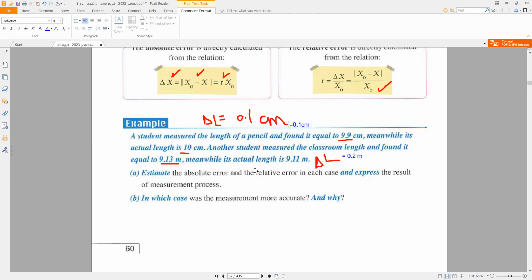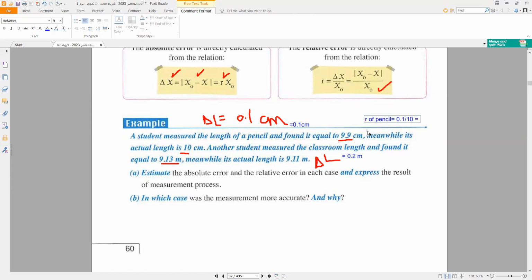And calculate the relative error in each case. The relative error of the length of the pencil equals delta L, 0.1, divided by the real value, equal 10 centimeter.